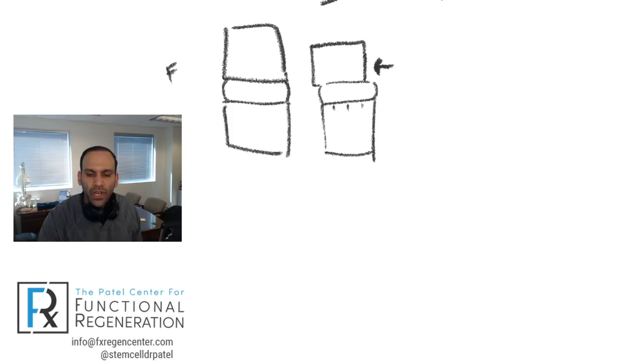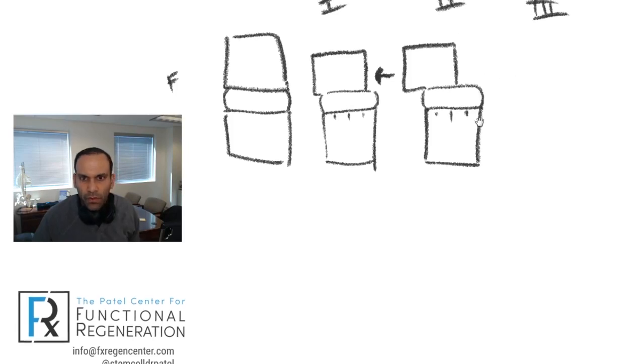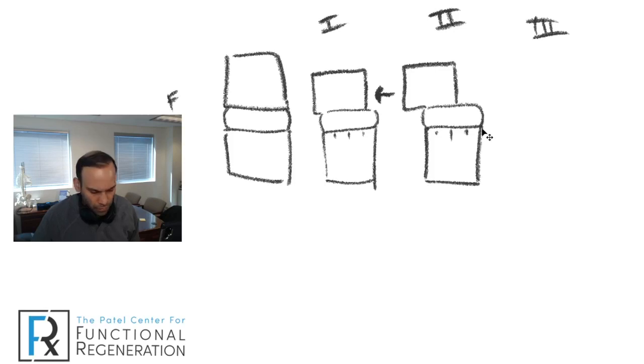Okay. Grade 2 means that the vertebral body has slipped 25 to 50%. Okay. So 25 to 50% slippage of the vertebral body is grade 2. Grade 3, actually let's see if I can, there we go. Grade 3 is 50 to 75%.